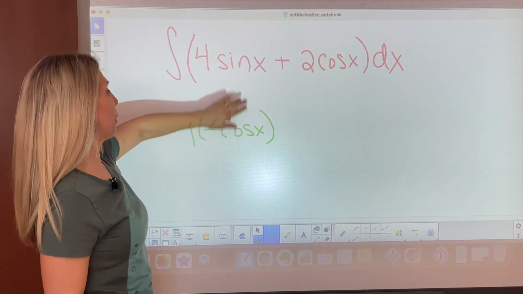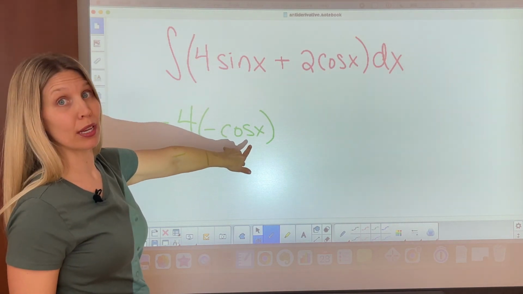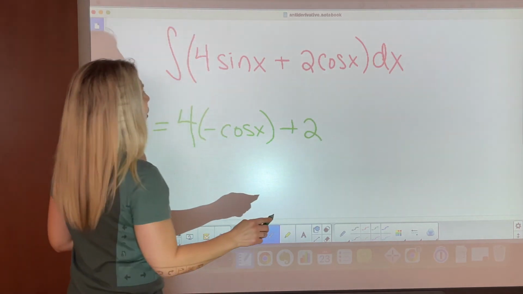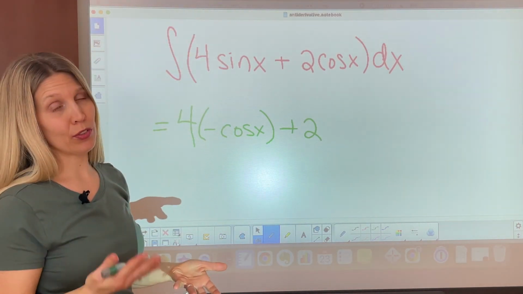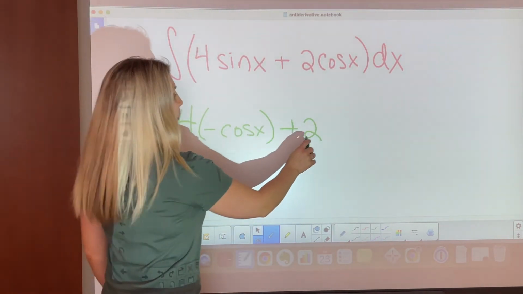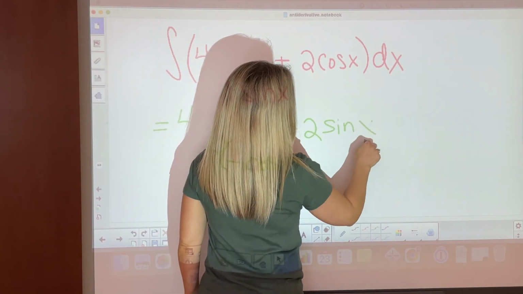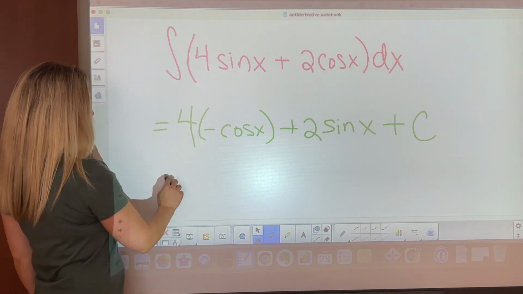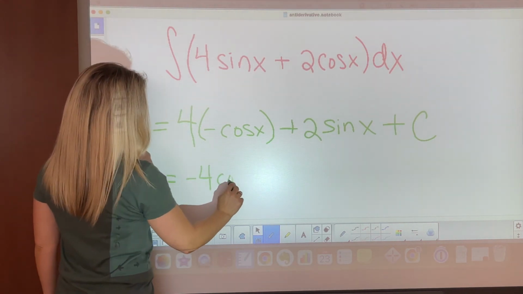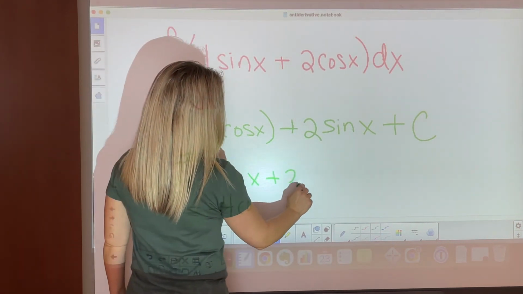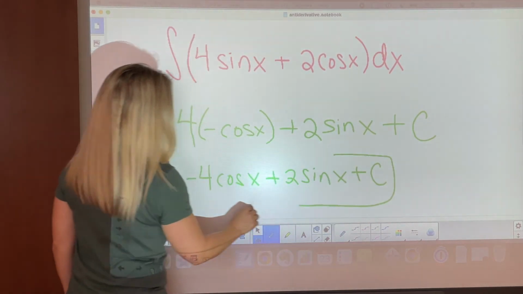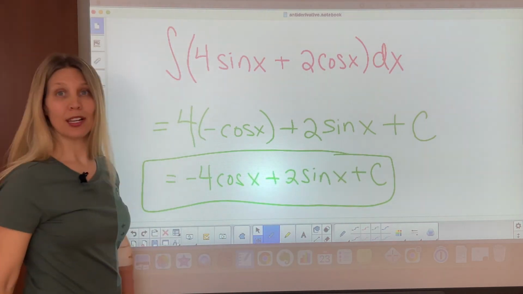So since this guy's positive, we had to make him negative to make those two negatives drop. Plus 2. So what did you take the derivative of to get cosine x? Yep, it's just sine x plus c. So I'm just going to rewrite this to make this negative 4 cosine x plus 2 sine x plus c. And then you're good to go.